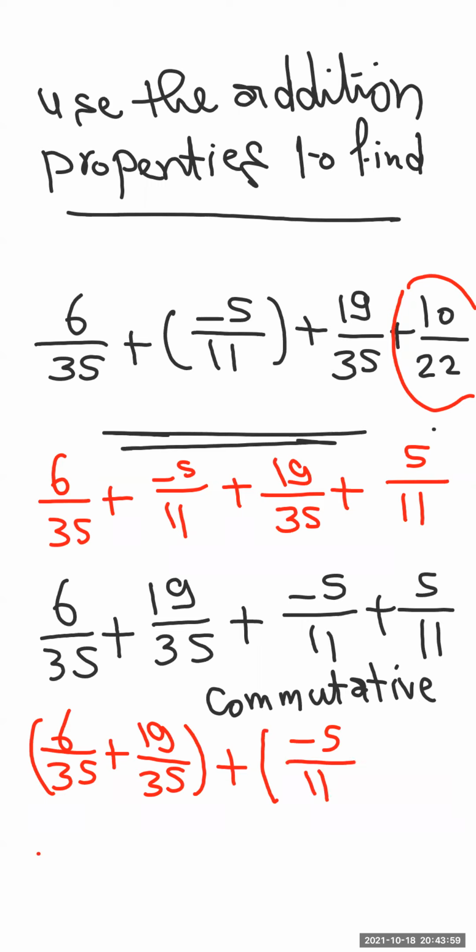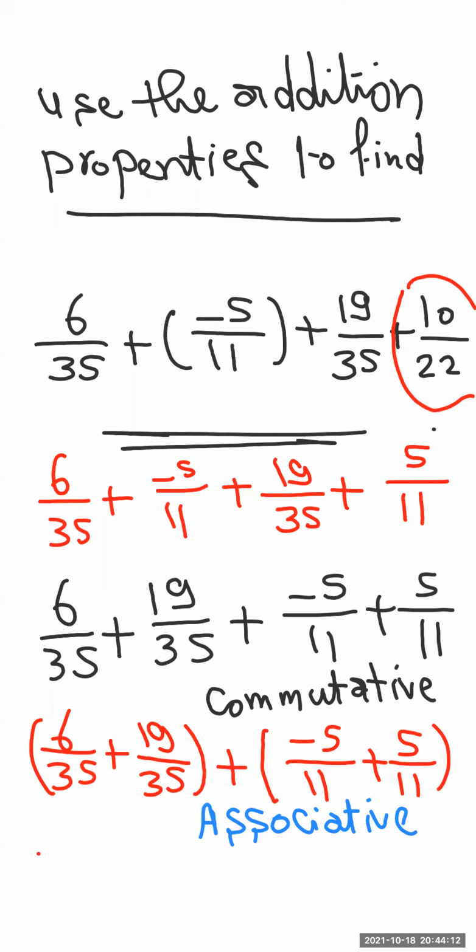Actually, this property is the associative property, right? Then now, I'm going to add these two numbers. 6 plus 19 is 25 over 35, plus negative 5 over 11 plus 5 over 11, which is 0. And this one is the additive inverse.